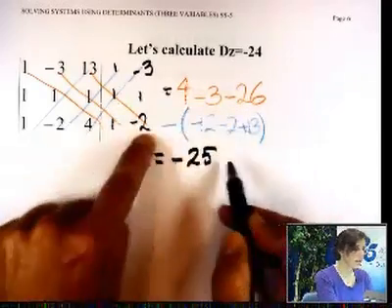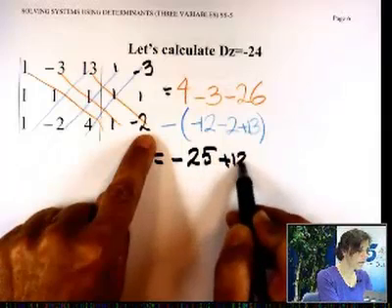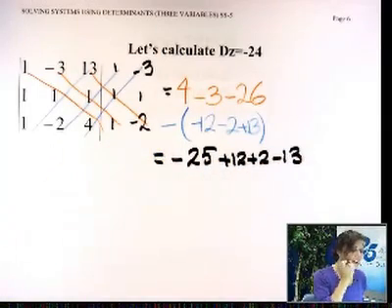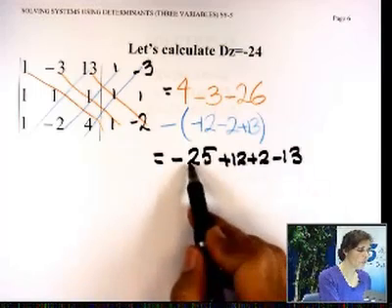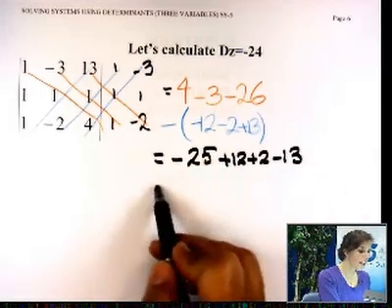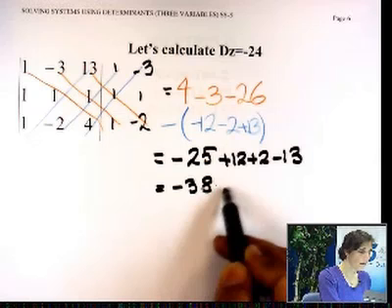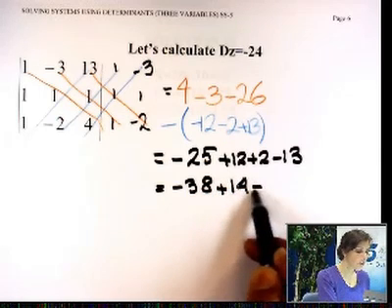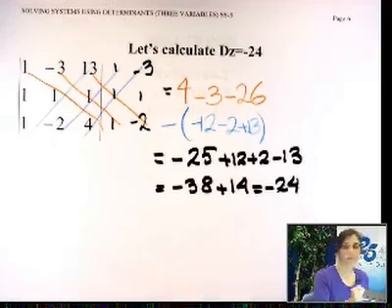So work that in, plus 12 plus 2 minus 13. All right. So this one, 25, 35, 38, plus 14, that's going to give me negative 24.